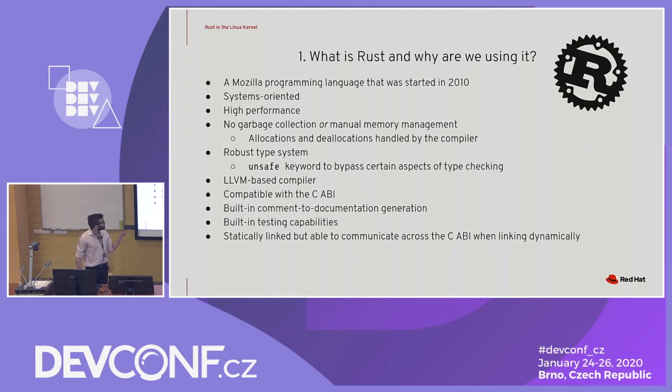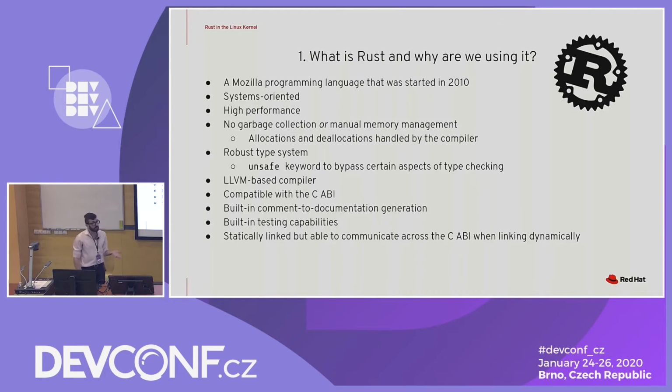The reason for Rust tends to be that it's a highly systems-oriented programming language. It's very high performance. Despite it being a relatively new language, started around 2010, it's actually made a lot of headway in that time. And so we get some really nice benefits like no garbage collection or manual memory management, and the allocations and deallocations really are handled by the compiler for you.